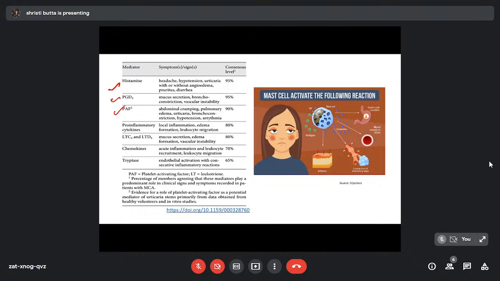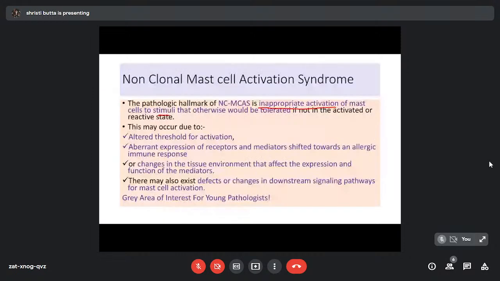Now, a very gray area of interest for young pathologists here is the non-clonal mast cell activation syndrome. This is a new entity. Pathologic hallmark of non-clonal mast cell activation syndrome is the inappropriate activation threshold for the activation of mast cells.